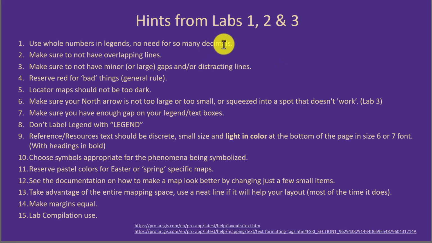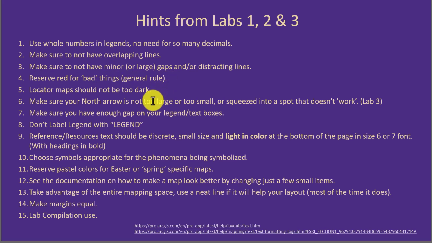Eliminate multiple decimals within your scale bar and your legend. 2 decimals is plenty in the legend, and in the scale bar, just 1 decimal. Make sure to not have overlapping lines or major large gaps and distracting lines. Try to reserve red for bad things. That's a general rule.